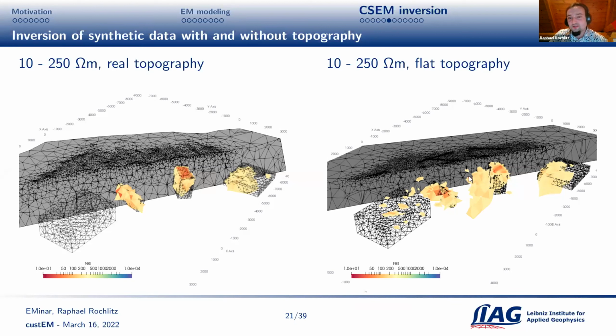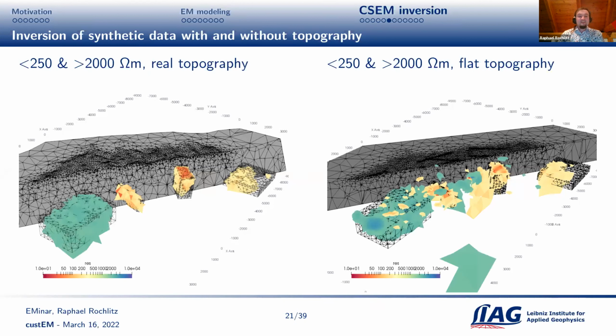Compared to the rest of the model, this is a conductor which we possibly could misinterpret as a mineral deficit or something like that. So I think this example shows quite well that considering the real topography for our semi-airborne data and also other scenarios with topography is really important.